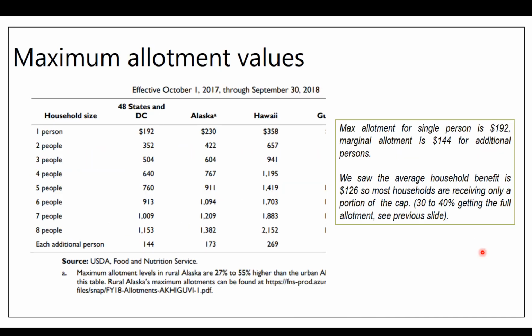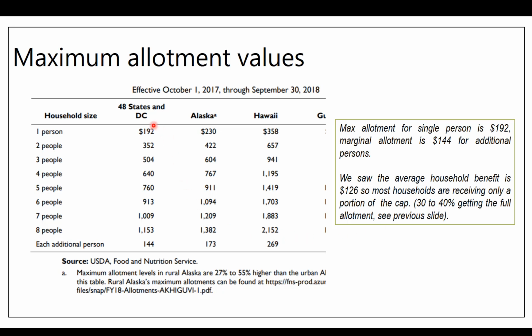And so we saw that because the maximum benefit is $192, but the average benefit is about $126 per person. So that is how you get a chunk, 30 to 40%, getting the full maximum allotment, and then a bunch of partial allotments.